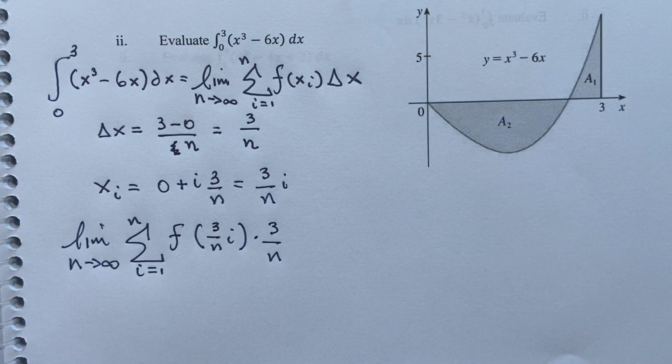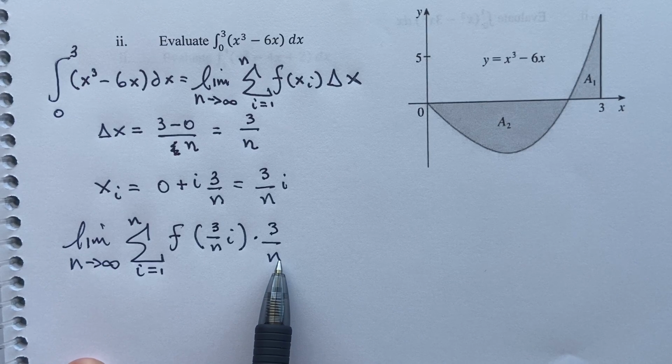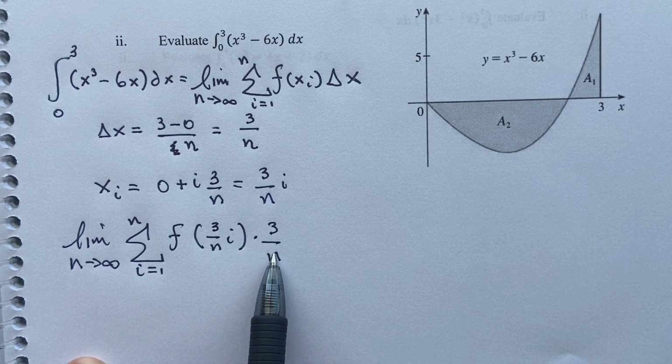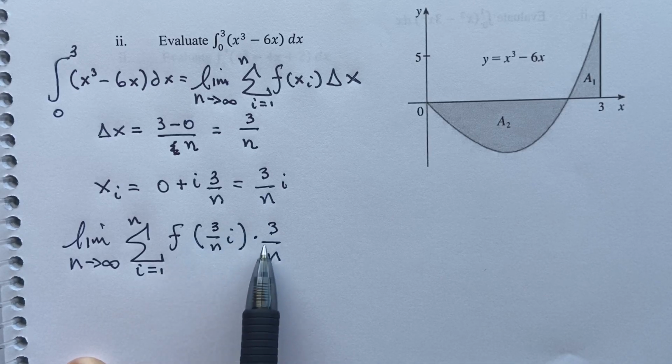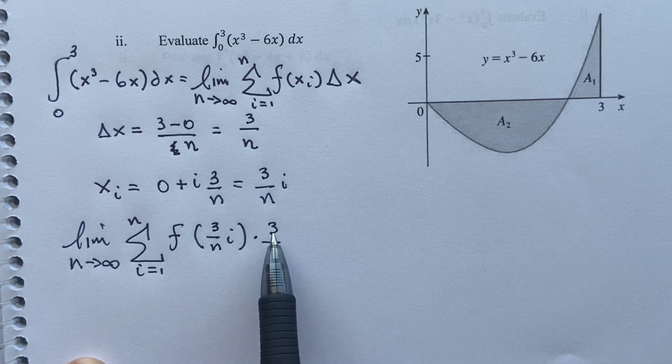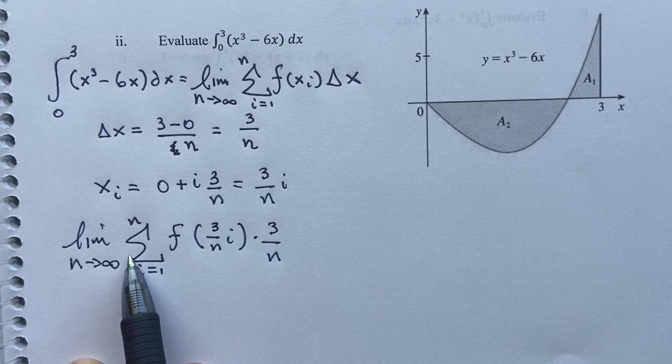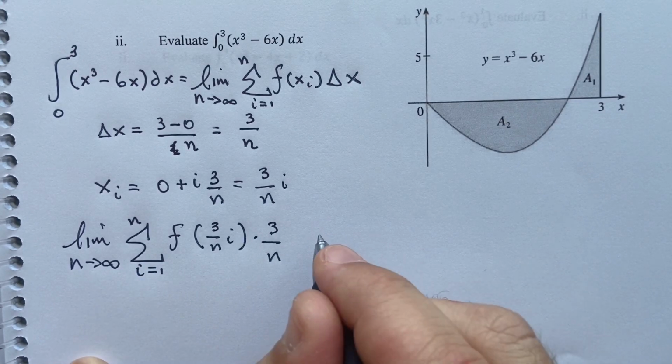Okay? So 3 over n does not depend on i. The only thing that needs to stay in the sum is anything that involves i. So since 3 over n does not involve i, it can come out of the sum, but it does involve n, so it'll need to stay inside of the limit.